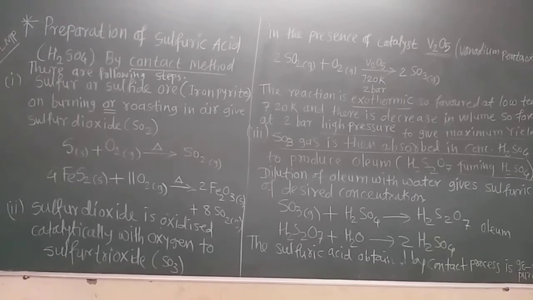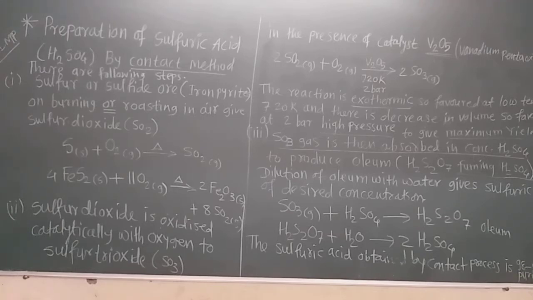This is the only method which is very commercial for the preparation of sulfuric acid. Sulfuric acid is the main chemical or reagent in industrialization. Every industry requires sulfuric acid, so this is a very important chemical.